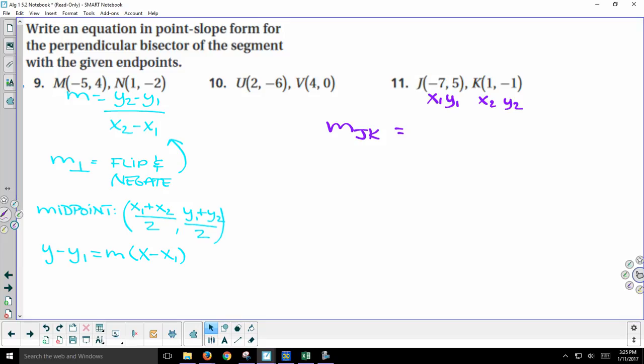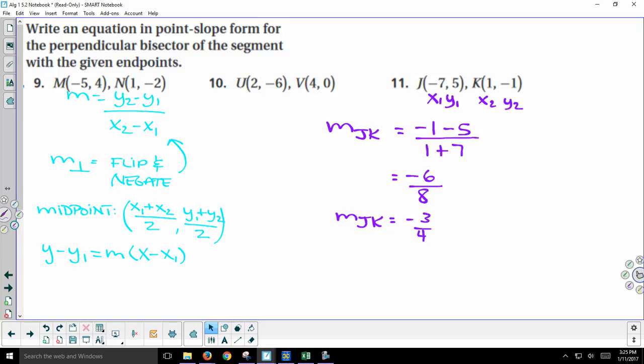My slope is y2 minus y1 over x2 minus x1. So negative 1 minus 5 over 1 minus a negative 7, which becomes 1 plus 7. Negative 1 minus 5 is negative 6. 1 plus 7 is 8. So my slope of JK is negative 3/4.